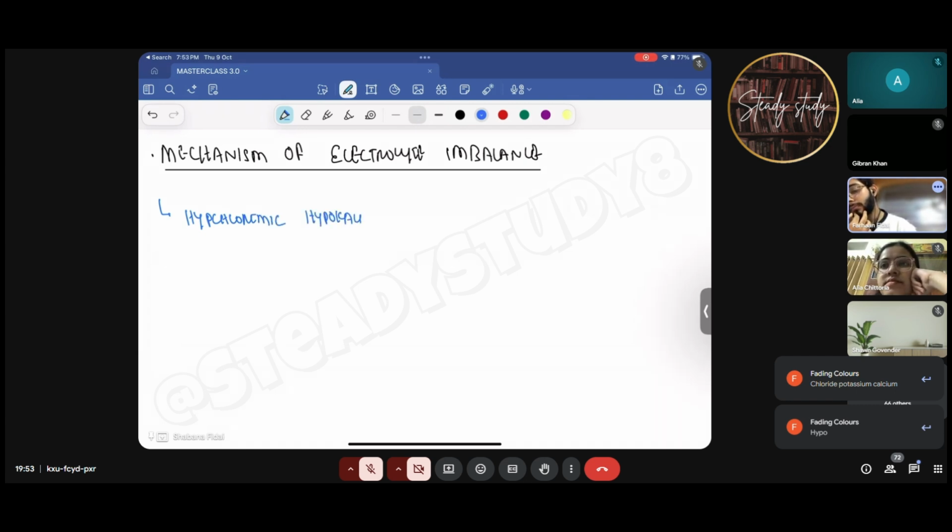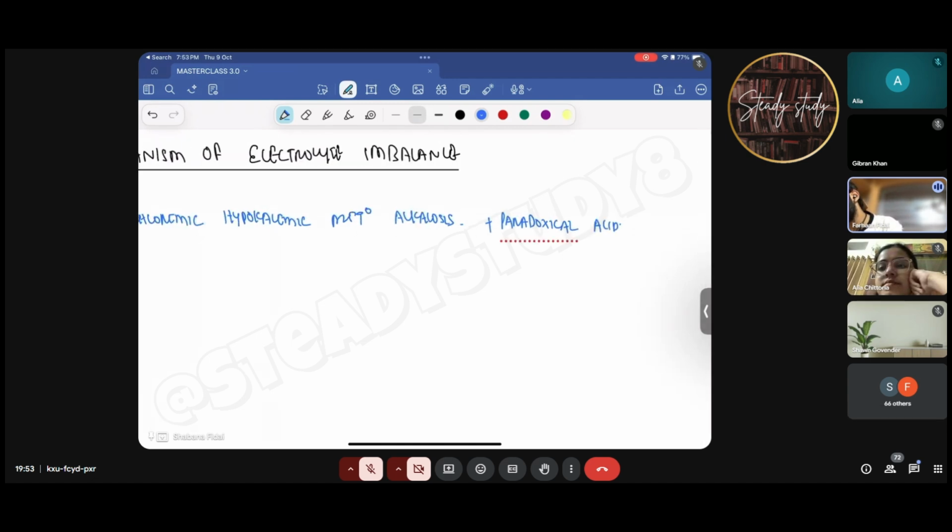Hypokalemic, metabolic alkalosis. So I have done the easy part for you guys. Now what I want you to do is tell me the mechanism of why hypochloremia, why hypokalemia, why metabolic alkalosis, and why paradoxical aciduria.